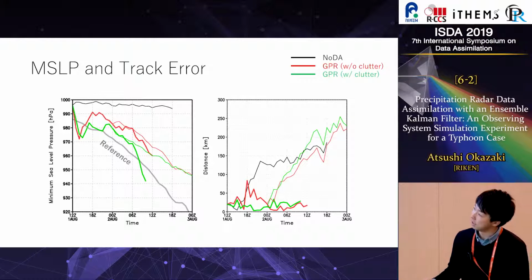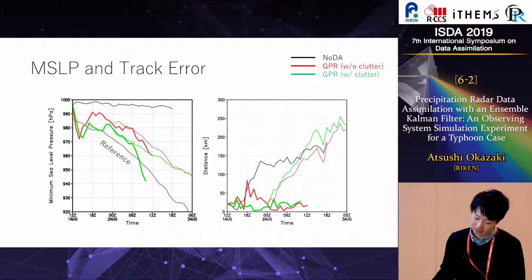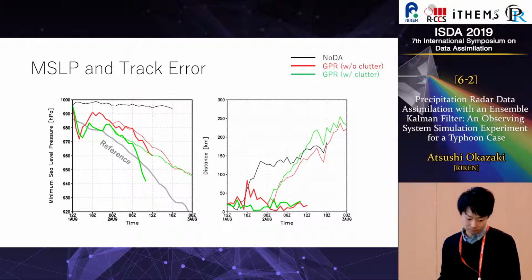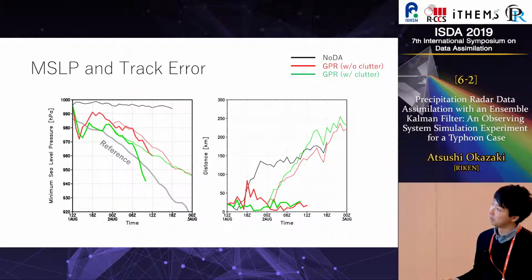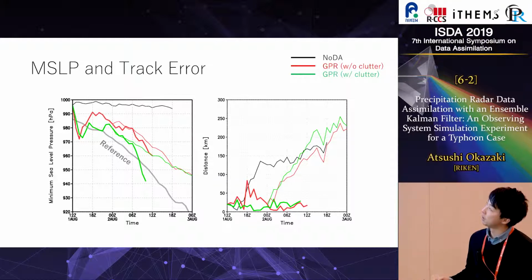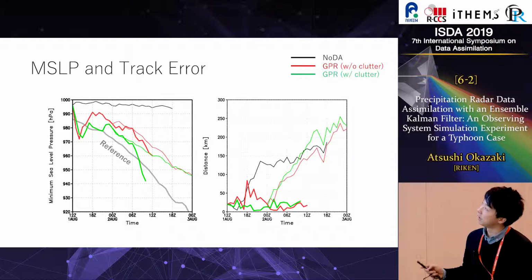deepening in this case. When you see the track error, the analysis simulates the typhoon position well, but when the forecast starts, the track error grows very quickly. Two features are apparent from the figure. One is that the green line, I mean the case with clutter, is better than the case without clutter.